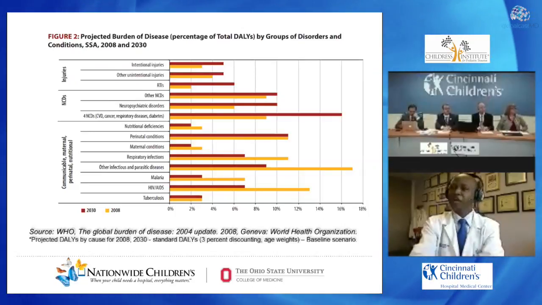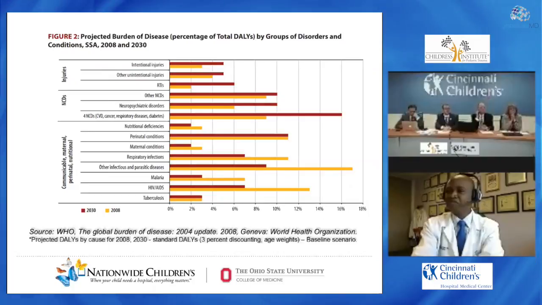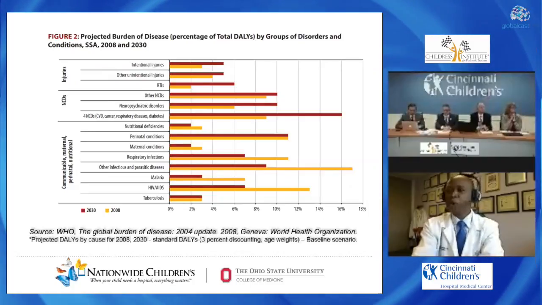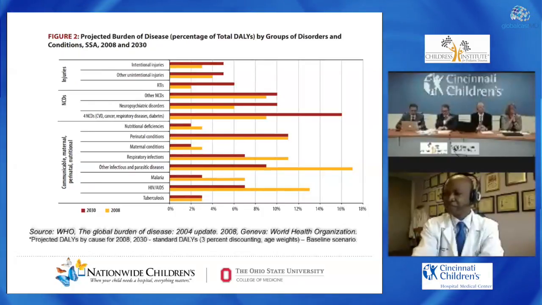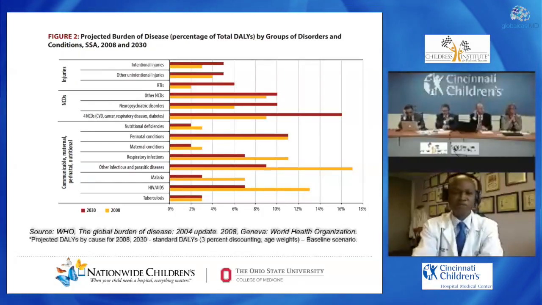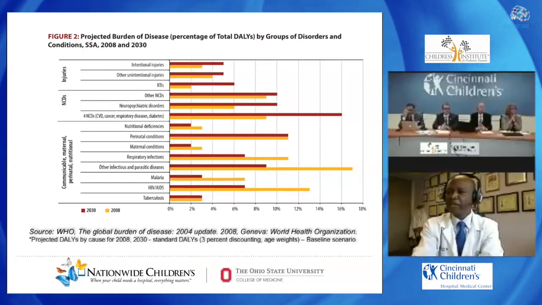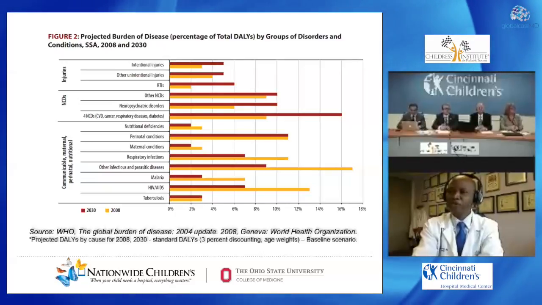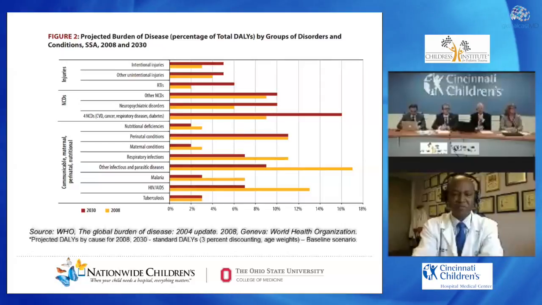Whereas if you look at the non-communicable diseases, and that includes injuries, intentional or unintentional, and even things like neuropsychiatric disorders, they will increasingly become preeminent as contributors to the global burden of disease.